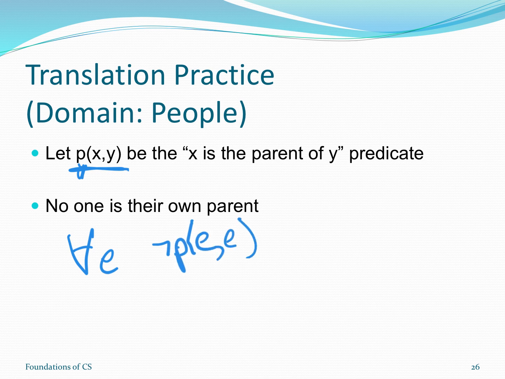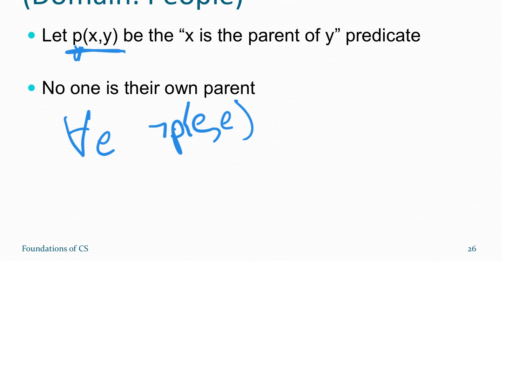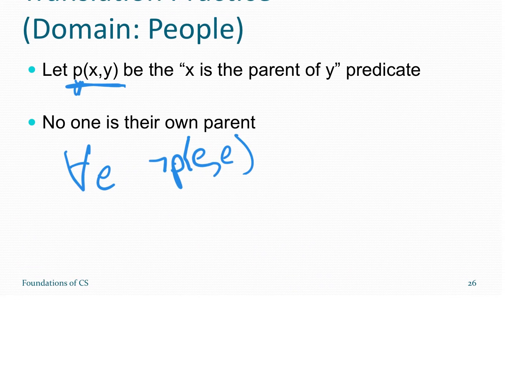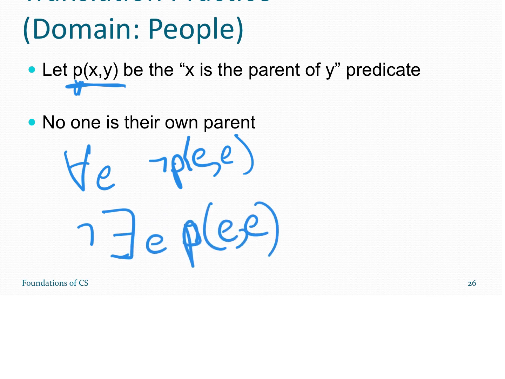Okay. But again, I can also write this slightly differently. I can think of this as saying there isn't anyone who is their own parent, right? So I could also write this as there does not exist a person, E, who is their own parent, right?